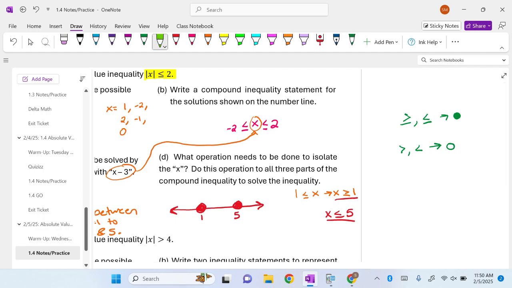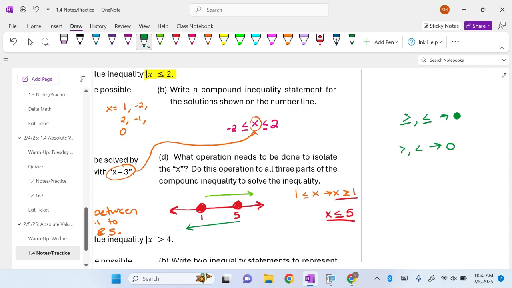The right. So I would shade this one to the right. What about the 5? If I'm doing x is less than or equal to 5, would I shade to the right of the 5 or the left of the 5? The left.